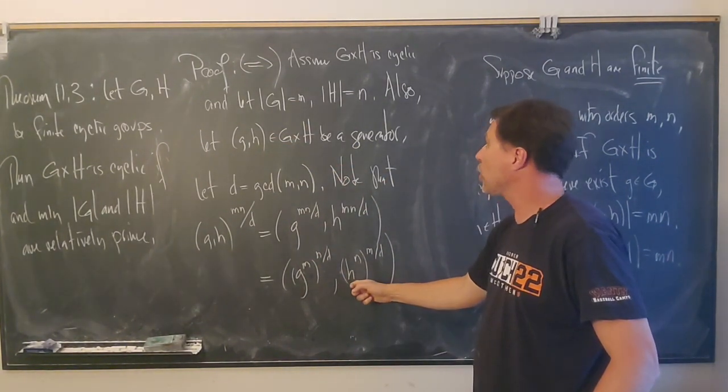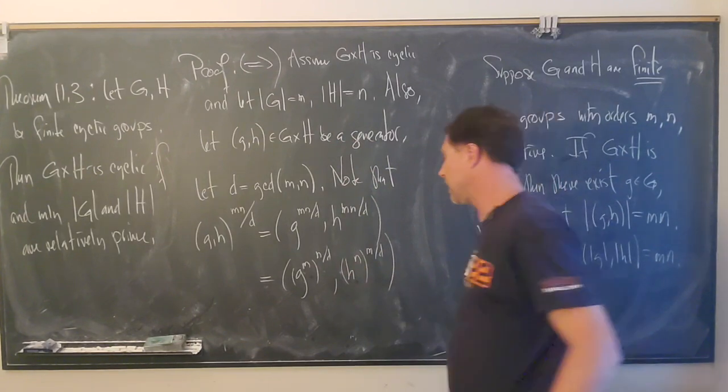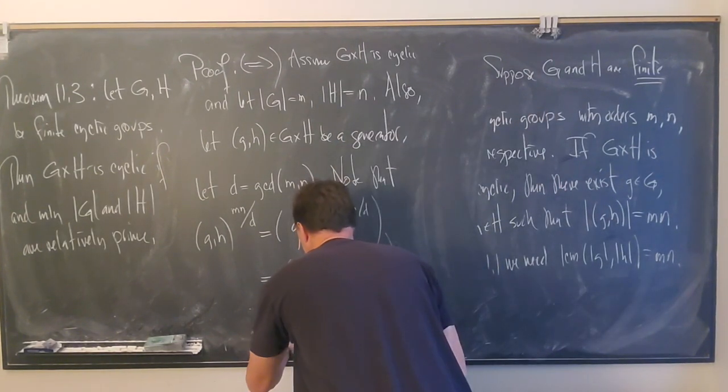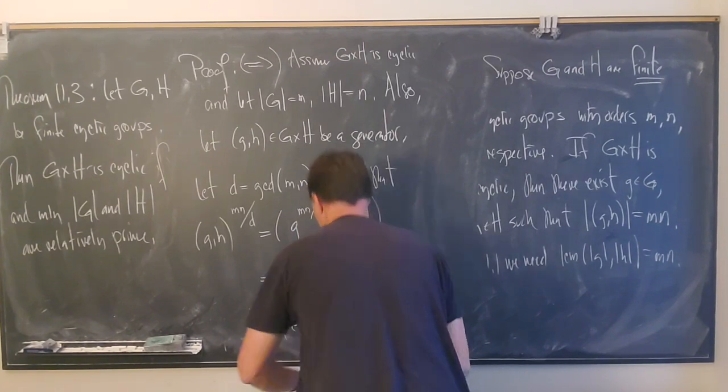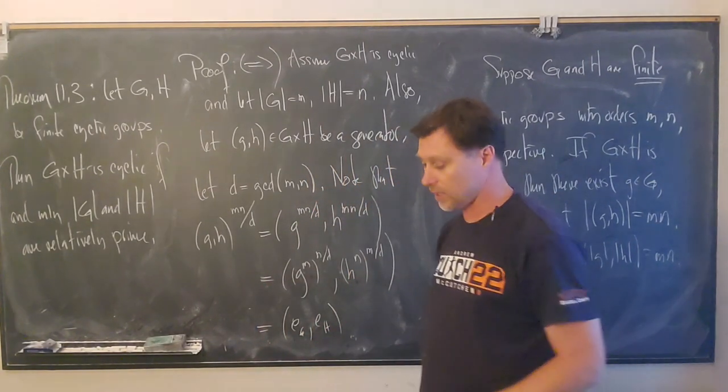Same thing here, h raised to the order of capital H has to be the identity. So what we get here is e sub G, comma, e sub H, the identity in G, comma, identity in H.